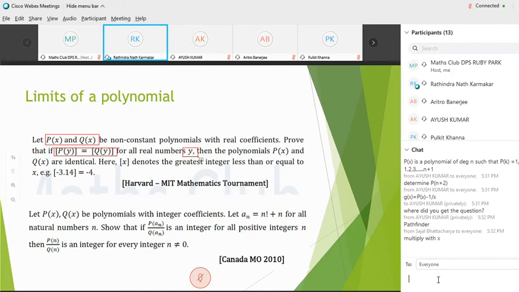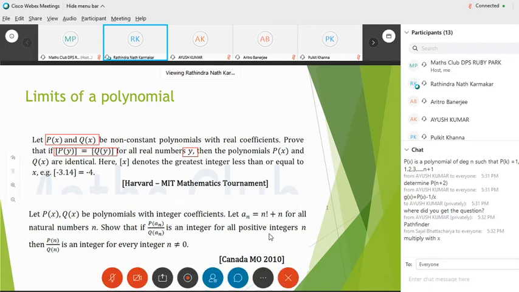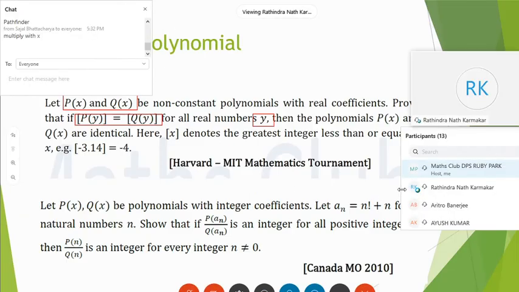Then you have to prove that P(x) and Q(x) are identical. Here box of x denotes the greatest integer lesser than or equal to x. Like one example is given, box of minus 3.14 is minus 4. If you don't see how this is true, just draw the real line and mark the integers on it and consider the greatest integer lesser than or equal to y.